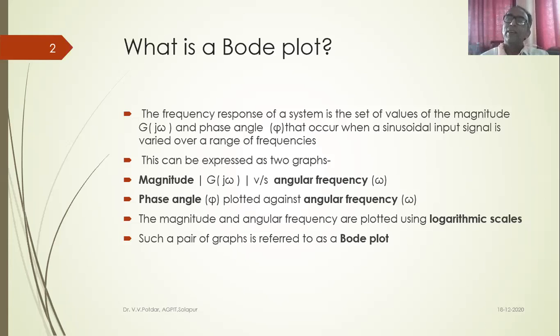Semi means half. So one axis, the x-axis, has a logarithmic scale, and the gradations on the semi-log paper are logarithmic on the x-axis. Whereas on the y-axis, I'll show you a piece of paper, I have a regular decimal scale. On the y-axis I plot magnitude, and in the second graph, on the y-axis, I plot phase angle in degrees. Both these plots together, this pair of graphs, is referred to as a Bode plot.